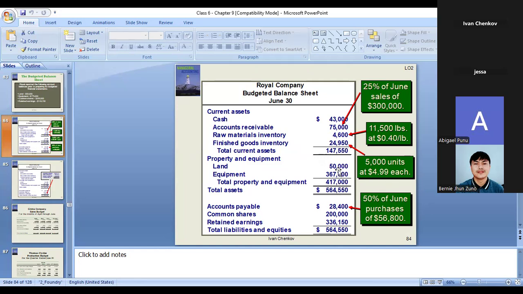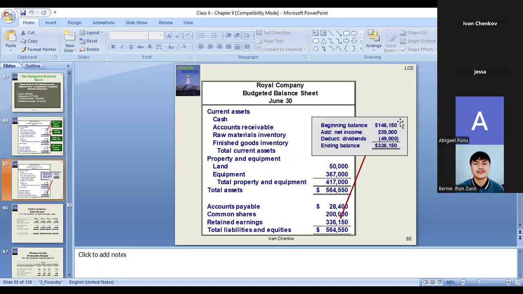Then we're going to add land, equipment, the current equipment plus the additional purchases, accounts payable, common shares, and the calculation of the retained earnings, beginning balance plus the net income minus the dividend, and we're done with the balance sheet.